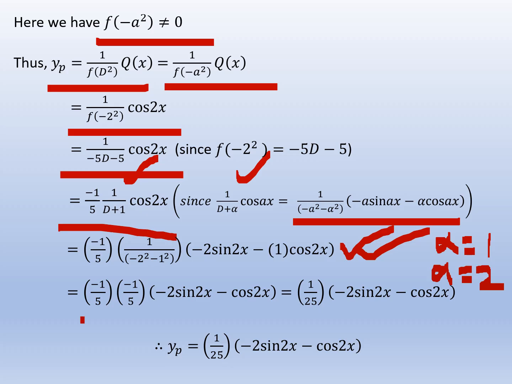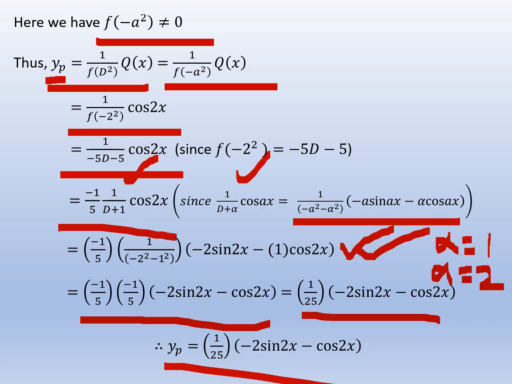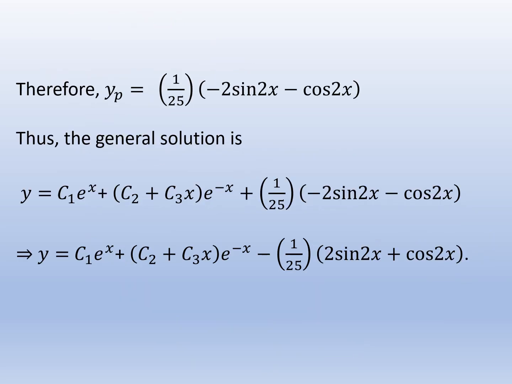Thus we have minus 1 by 5 into minus 1 by 5 into minus 2 sin 2x minus cos 2x, which will be equal to 1 by 25 into minus 2 sin 2x minus cos 2x. Therefore, yp equals 1 by 25 into minus 2 times sin 2x minus cos 2x.